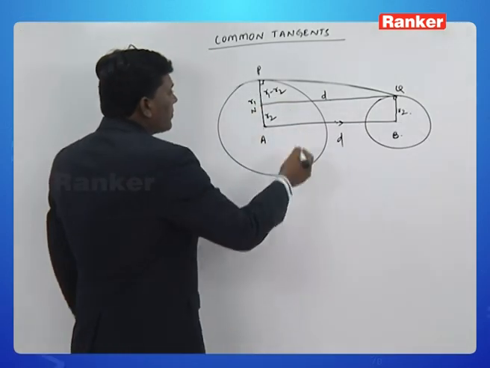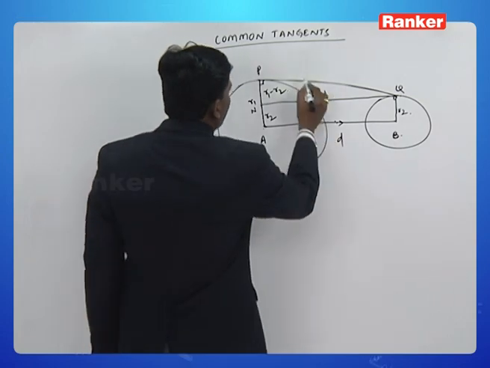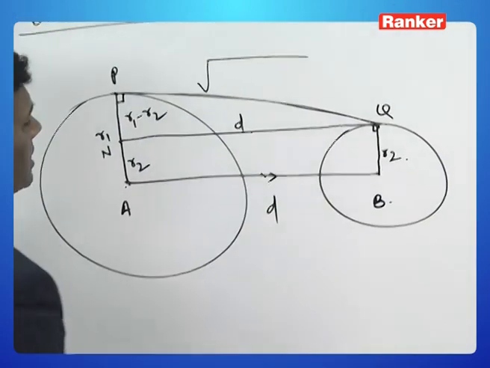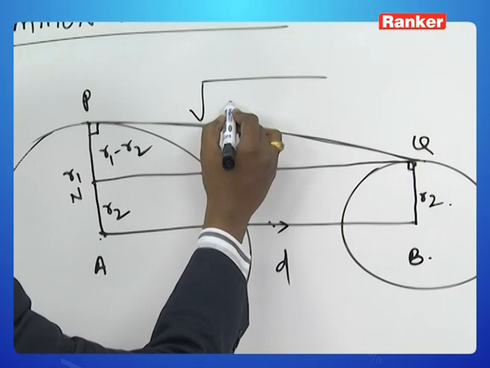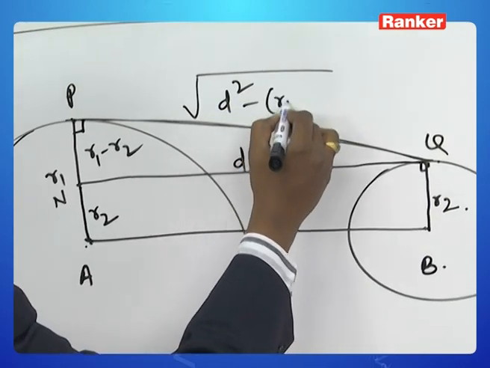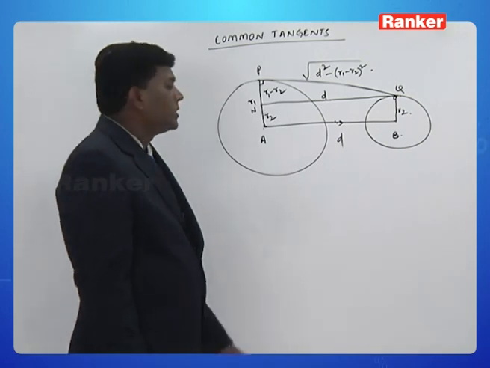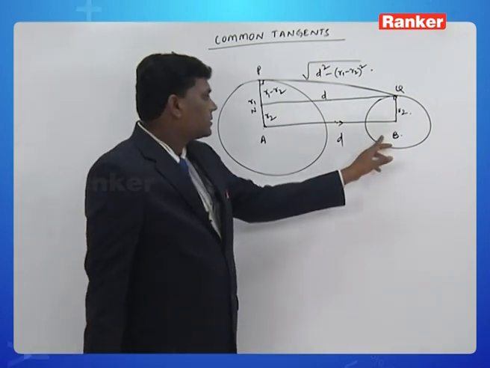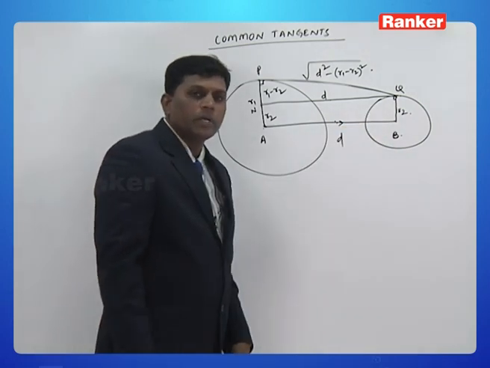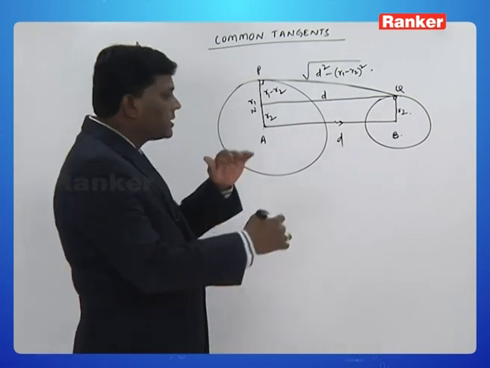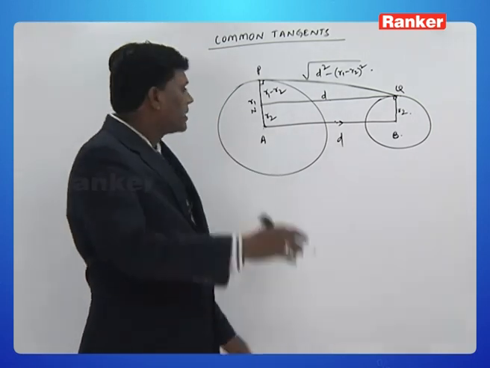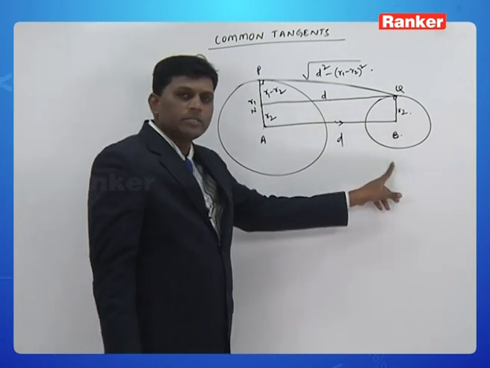Now from the Pythagoras theorem, we can calculate the length of PQ easily, with hypotenuse D, as the square root of D square minus R1 minus R2 whole square. So if two circles with radii R1, R2 are such that each circle is external to the other, we can draw two direct common tangents.